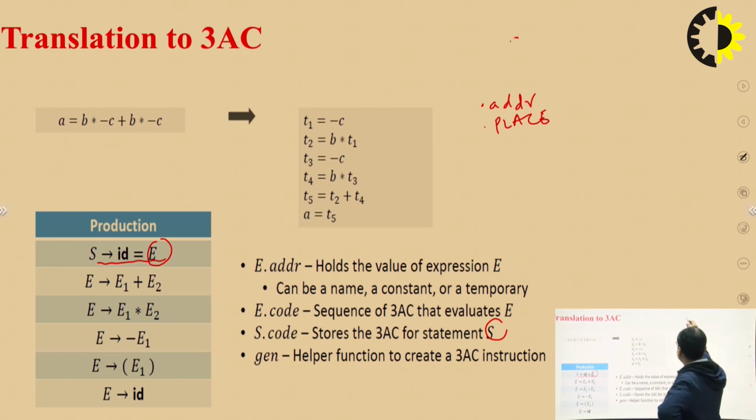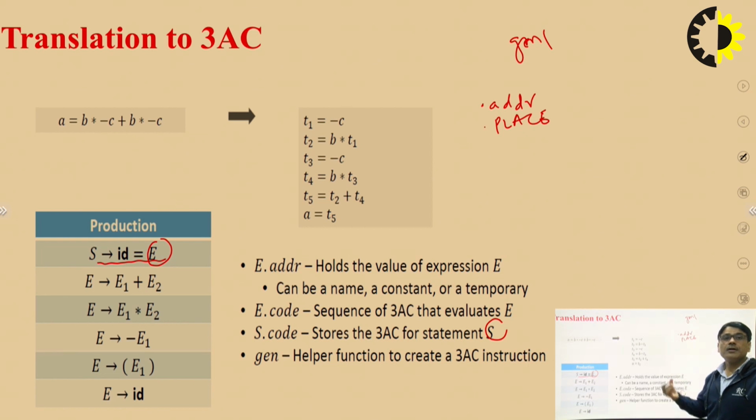Then generate. Generate is a very important function, because if you are not using generate and you try to write the 3 address statement or semantic action for any particular kind of statement, it will be very tedious and lengthy. So in this part there should be a generate function. The generate function lets you easily convert the particular part into 3 address code, and the semantic actions involved with these variables need not be shown separately.